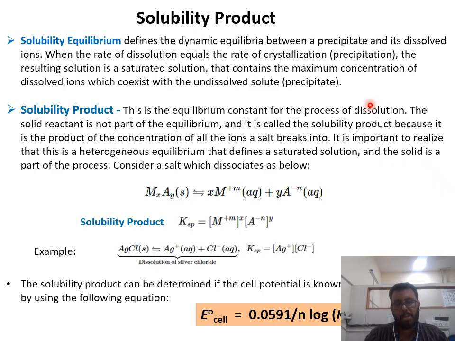Once you form the electrochemical cell, how can you write a cell reaction? You have to write the half cell reaction of the anode, the half cell reaction of the cathode, and you have to write the net cell reaction, and you can apply the Nernst equation and calculate the EMF of the cell. Once you know the EMF of the cell, you can calculate the concentration, and once you know the concentration, you can calculate the EMF, vice versa.